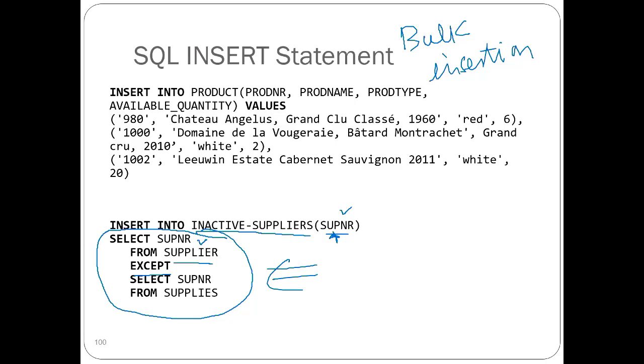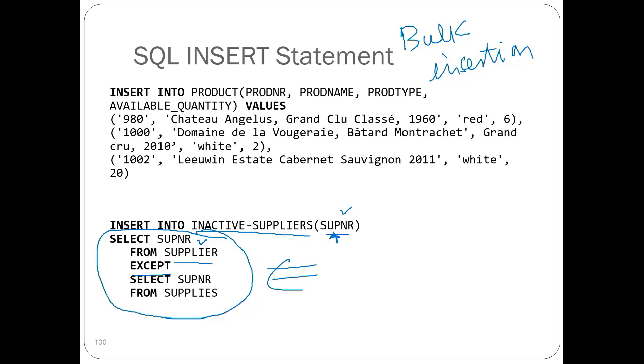We can call them inactive suppliers. Okay, so that table can be easily returned, and those results that we are finding out, we can use that as the tuples for bulk insertion.